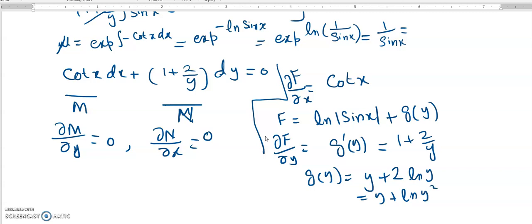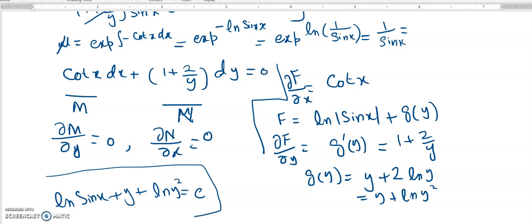In the end we get the solution: log of sine x plus y plus log of y square is equal to a constant. So this is the solution.